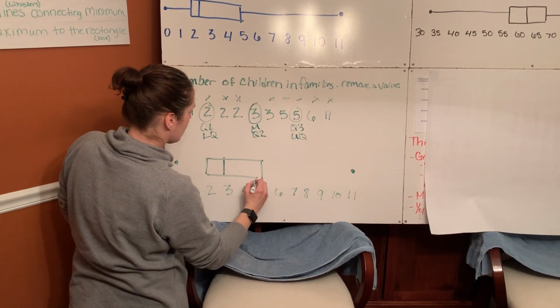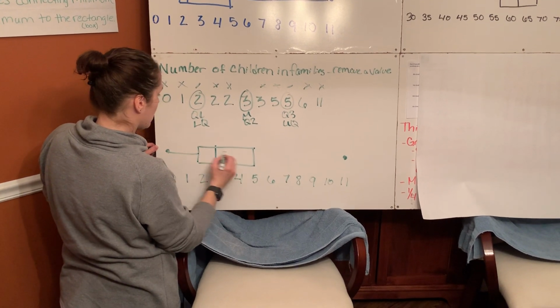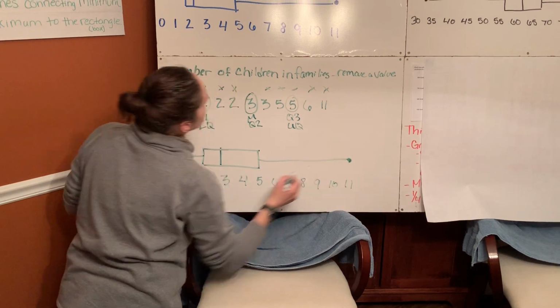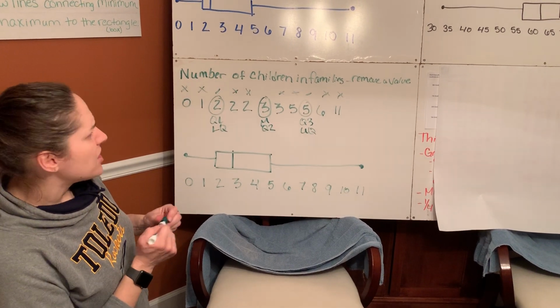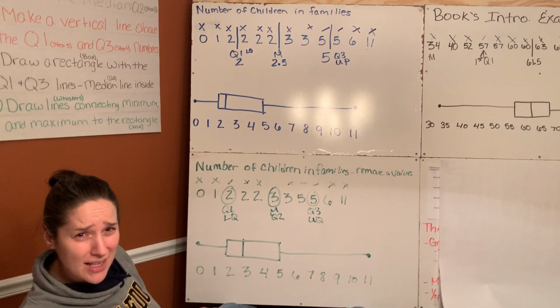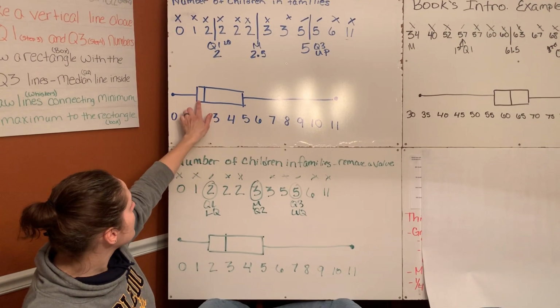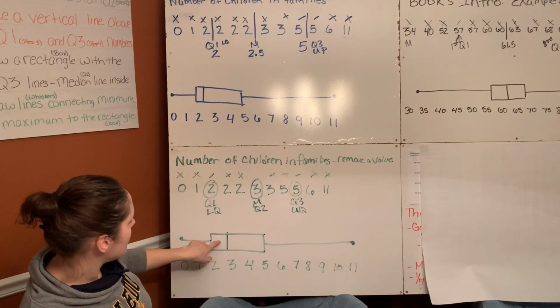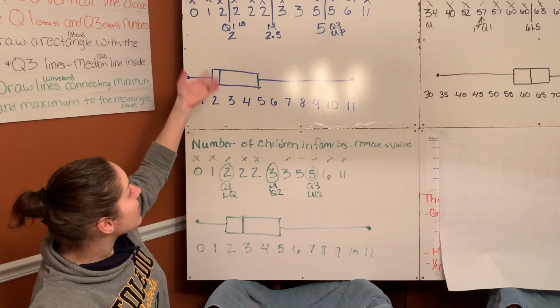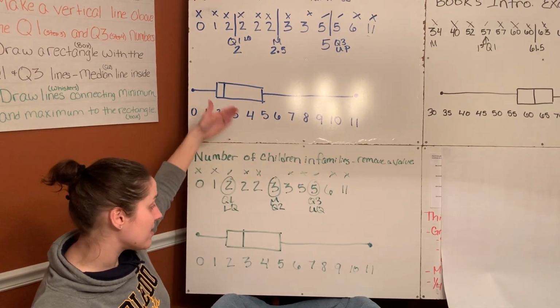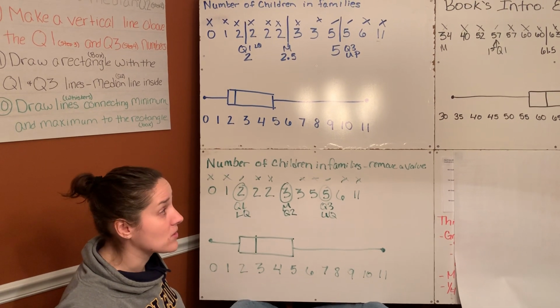Connect those quartiles in a box. Draw in your whiskers. Those two look pretty similar because they're the same set of data, but this section is smaller and this section is bigger. Because we're missing a 2, everything shifted a little bit.